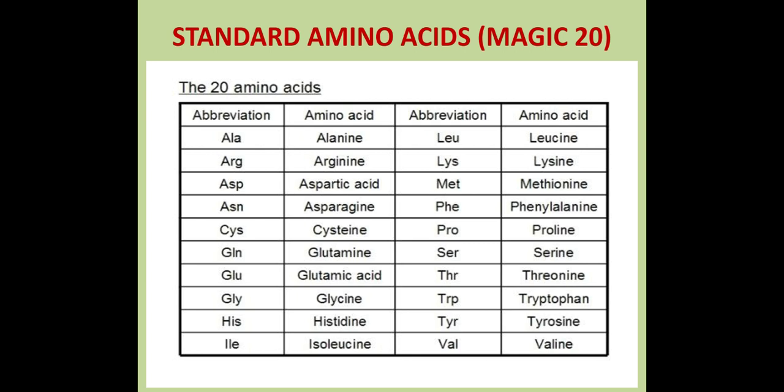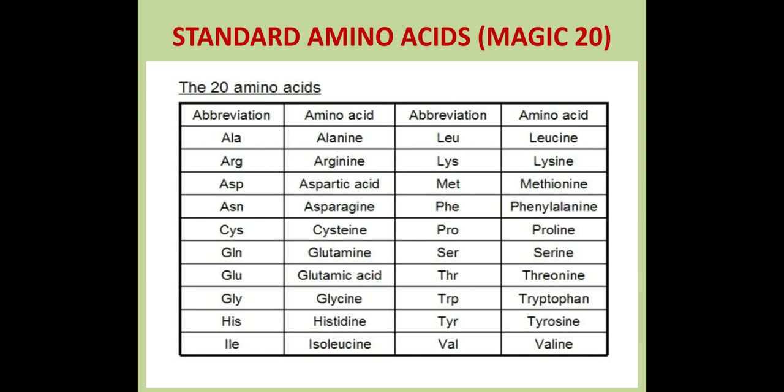Due to the universal use of these 20 amino acids in the synthesis of various proteins, Francis Crick called these 20 amino acids the magic 20.